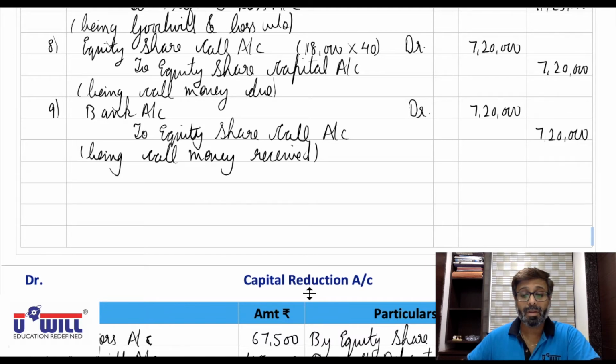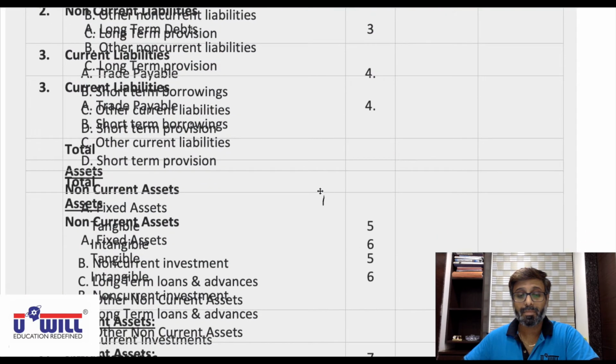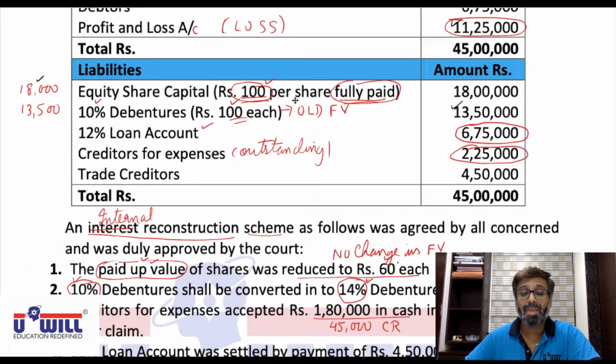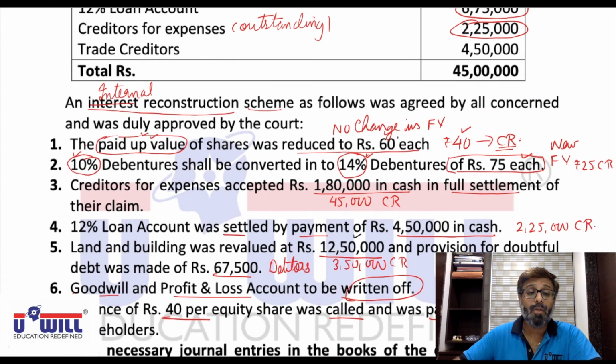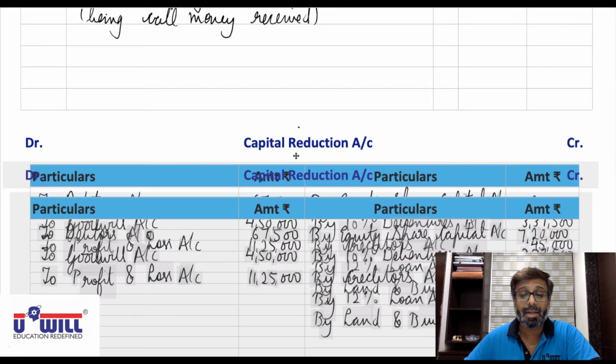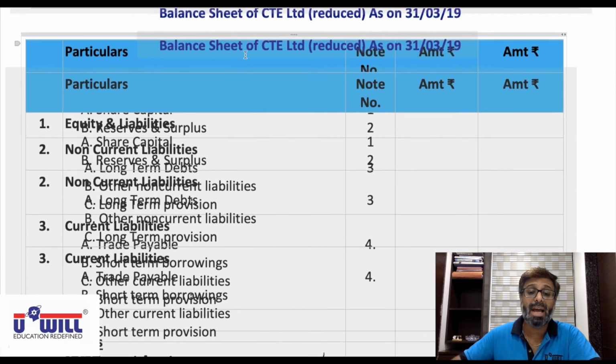Now, be attentive everyone. We have discussed that after passing all the entries, whatever balance remains in capital reduction account will be transferred to capital reserve account.